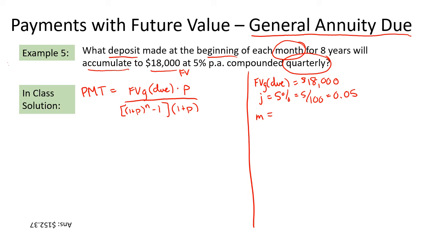M, our number of interest compounding periods, it's given that it's compounded quarterly. So that means M is 4. So our periodic rate of interest, I, is J divided by M, or 0.05 divided by 4, which gives you 0.0125.